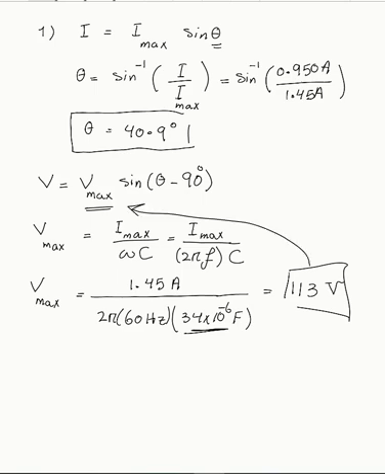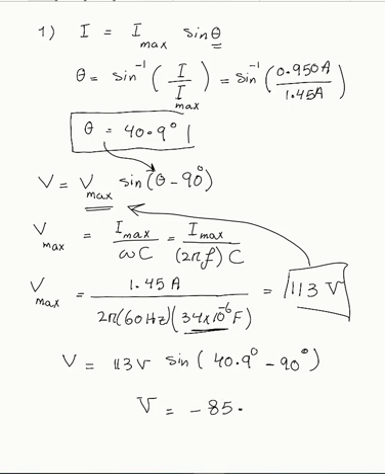I can just plug in the numbers and find V to be 113 volts times sine of 40.9 degrees minus 90 degrees. If you calculate this, the voltage at the time that I is 0.95 amps is negative 85.4 volts, and that's your final answer.